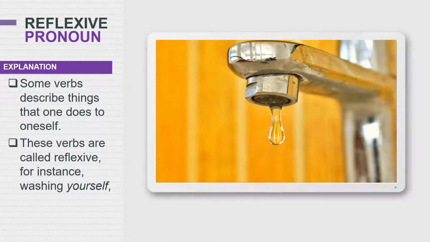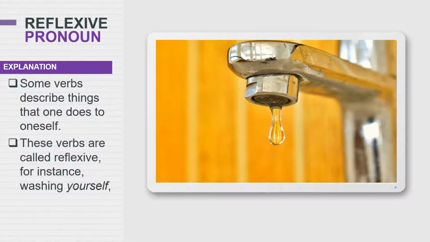Okay, so now we're ready to talk about a different type of pronoun, and that is what's referred to as the reflexive pronoun, because reflexive is when you're referring back to something. So for instance, in English, when we want to say, I wash myself, you add on the myself to refer back to myself.